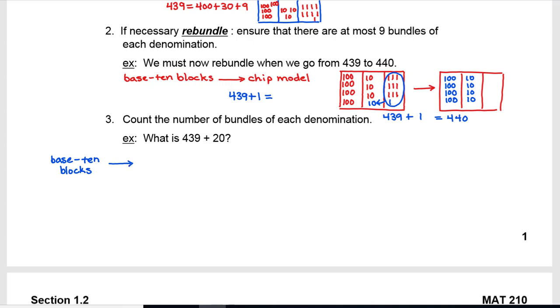So you would physically do that. Then you would do the chip model. Okay, and then you could go to words. And then you would eventually get to algorithms.